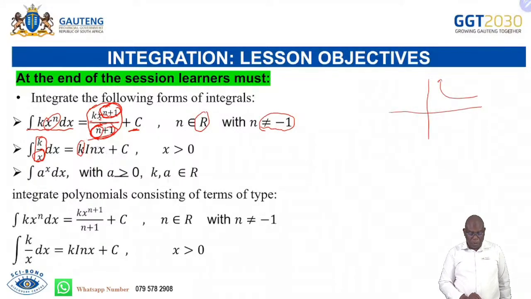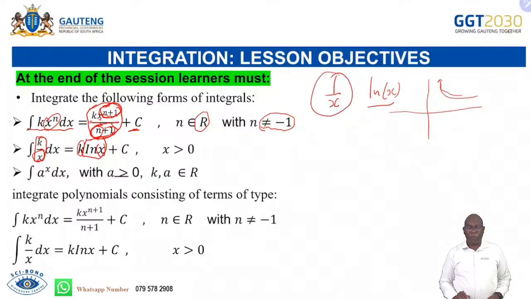Then we use the natural log, ln. So if I've got something with x in the denominator, I must write it as ln of x, in the brackets, but the x value must always be greater than 0. It cannot be negative.